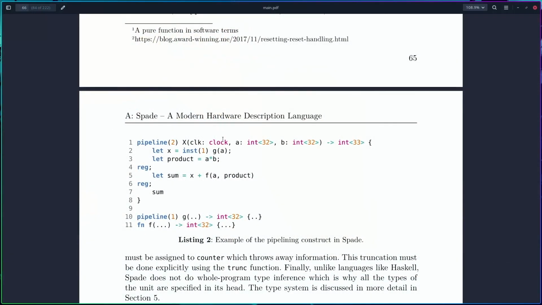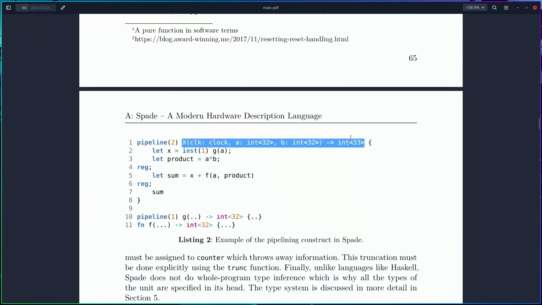unless the inference can't figure it out. Okay, so if you go to page 66, looking at an example here. Yes, this is a signature. So what you say is that you need to give the type signature of the top level.